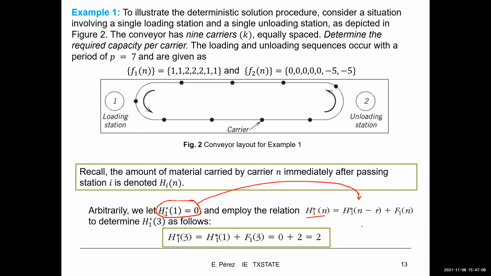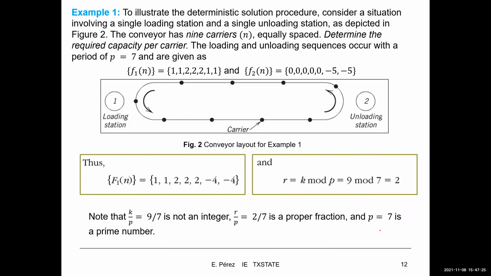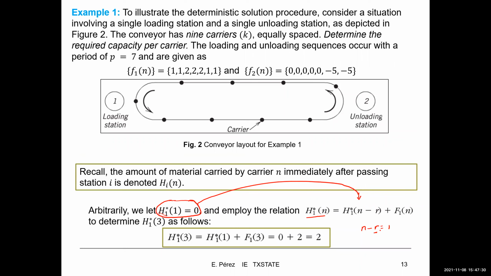So that means that n minus r has to be equal to 1, because that's the value that I have. And to make that happen, I know r is equal to 2 based on this computation. So for this expression, this is 2, I know that. For this expression to be equal to 1, then n has to be equal to 3.